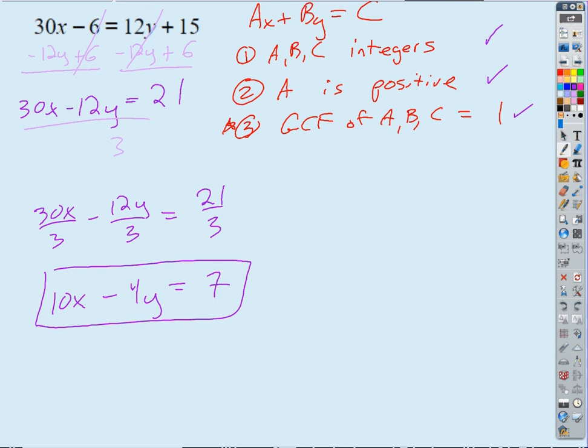Right here it wasn't. 30, 12, and 21 are all divisible by 3. So I gotta divide both sides of the equation by 3 to simplify those numbers to make them smaller. But now down here, we get 10 and 4 and 7. Well, okay, now there is nothing that divides into all 3 of those other than just 1. Okay? That make sense? All right.